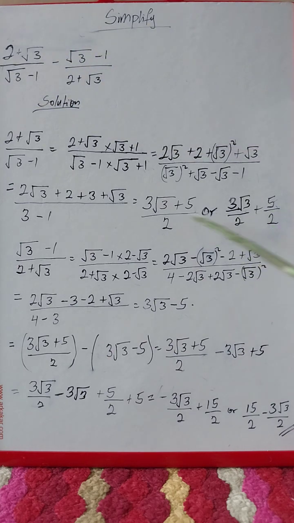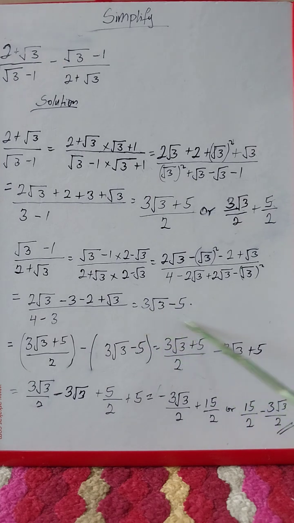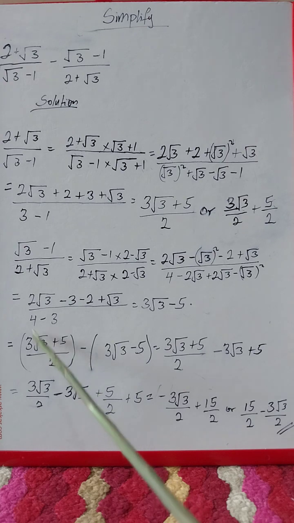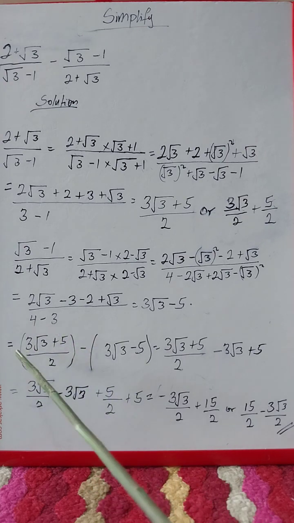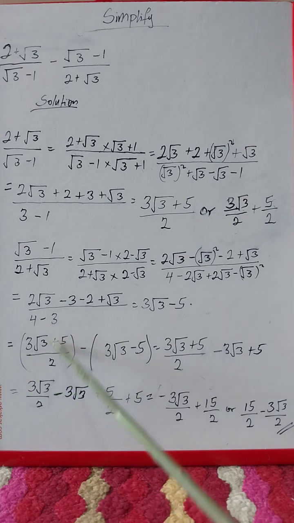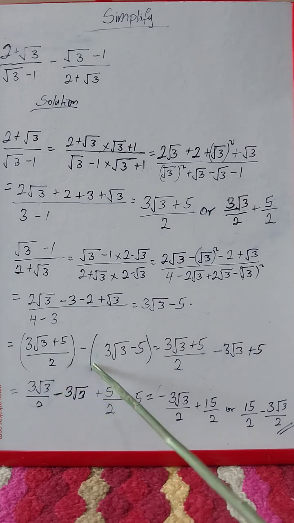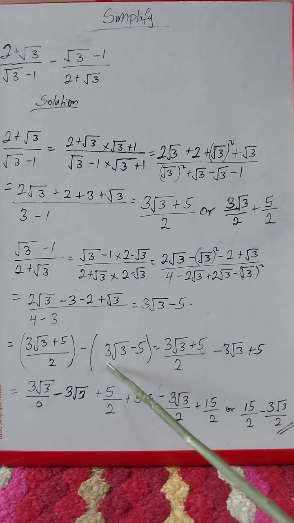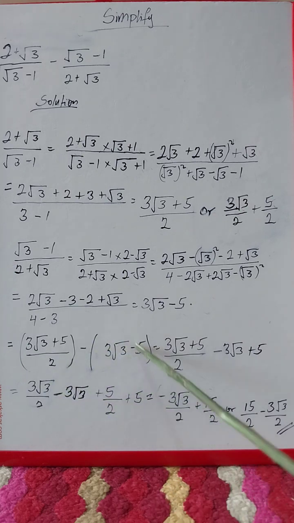So this is our answer for the first term, and this is our answer for the second term. Into brackets, we bring 3 root 3 plus 5 over 2 minus the bracket 3 root 3 plus 5.